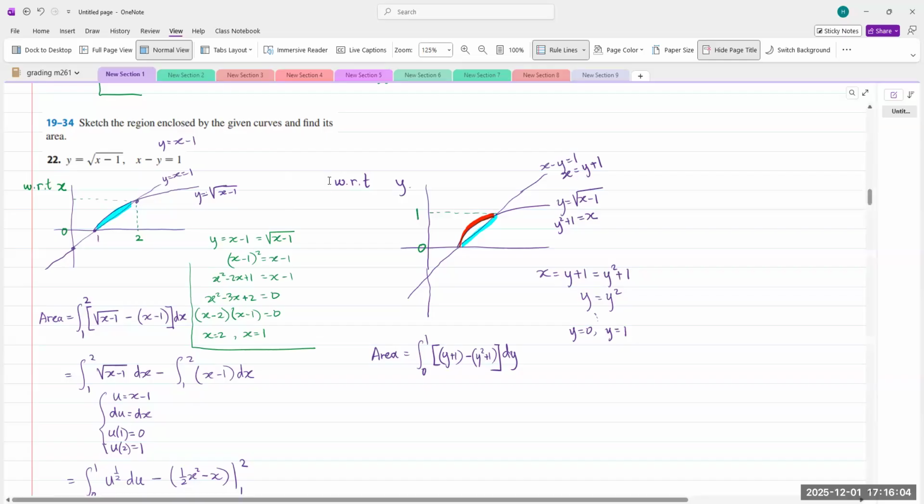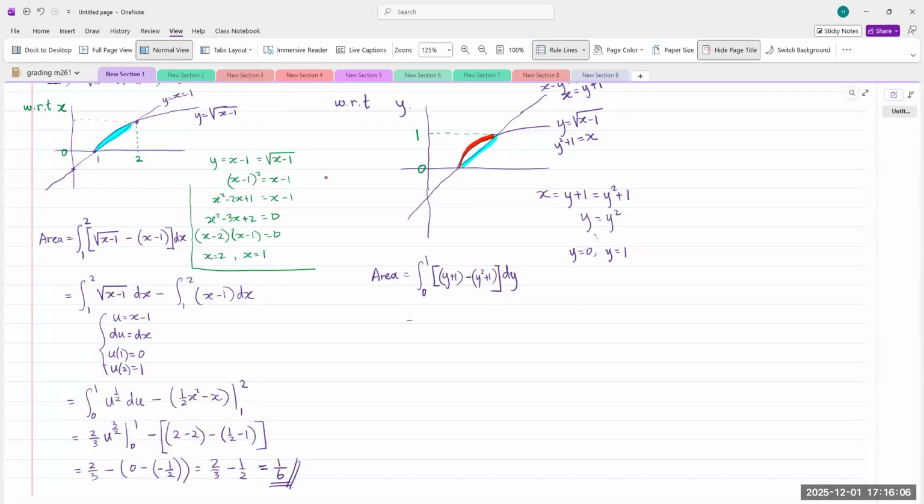Combining like terms, I get the integral from 0 to 1 of y minus y squared. Easier to integrate, huh? That gives us 1/2 y squared minus 1/3 y cubed, from 0 to 1. That's 1/2 minus 1/3, which is 1/6. The same answer we got, but a lot easier to do.